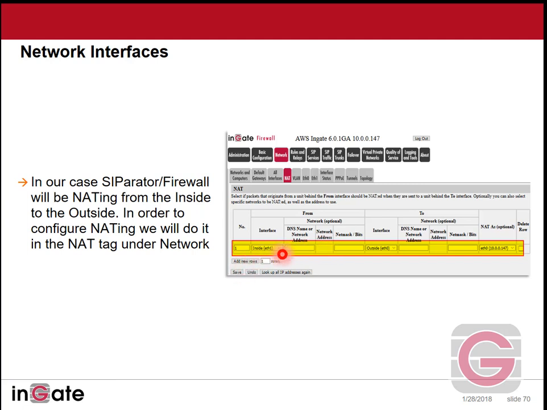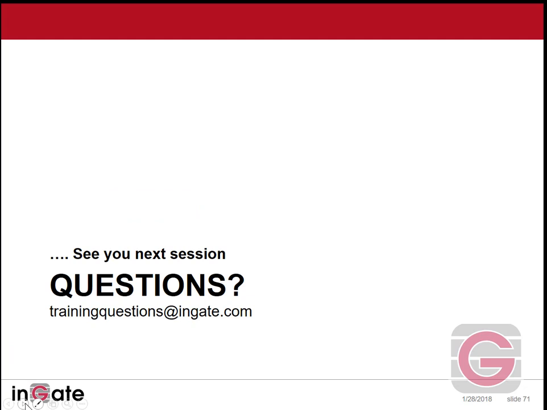So you need to enable NAT and create one NATing rule saying that you are NATing from the private subnet, Ethernet 1, to Ethernet 0, the public subnet. That's all you need in terms of networking.